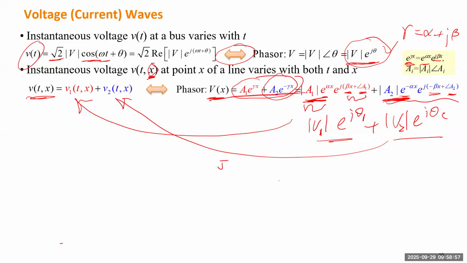So we need to multiply by the square root of 2, consider omega t, and also introduce the cosine function. So basically, we take the square root of 2 multiplied by the voltage, then we plug into the cosine function.